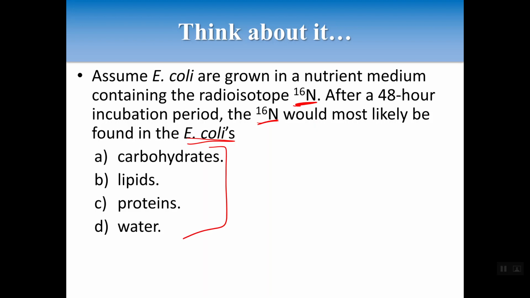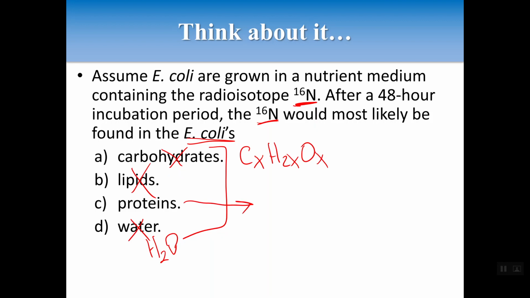Okay, so we already answered this actually. So we know carbohydrates have the formula CxH2xOx. So there's no nitrogen there. Lipids, we see mostly carbon, hydrogen, some oxygens here and there. So we know that that's not correct. We know that the molecular formula for water is H2O, so that can't be correct.